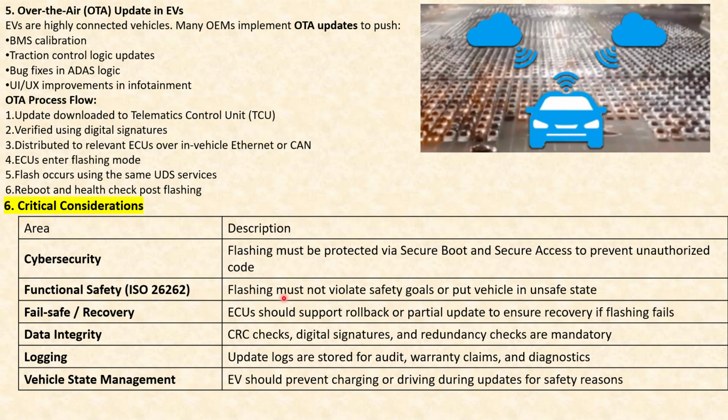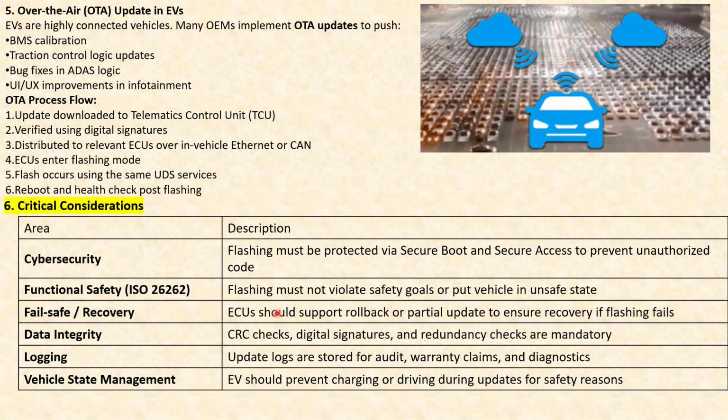Functional safety: flashing must not violate safety goals or put the vehicle in an unsafe state. Now talking about fail-safe recovery, ECUs should support rollback or partial update to ensure recovery if flashing fails. Now talking about data integrity, CRC checks, digital signatures, and redundancy checks are mandatory.